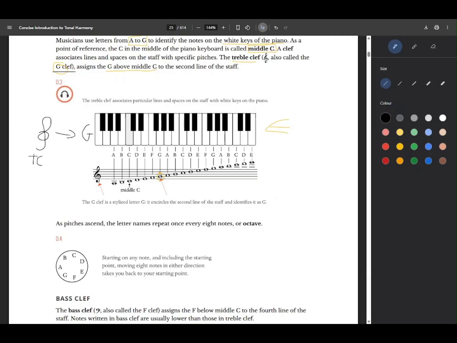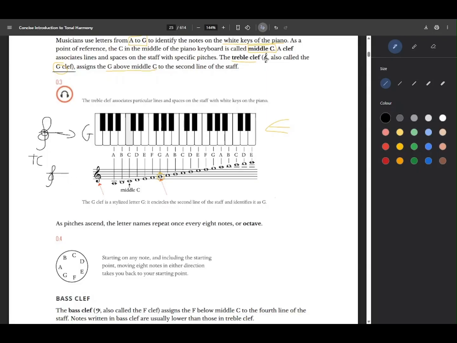Why we associate this with G above middle C is since if you look there at the line that runs through the treble clef, through this intersection point here, we have a line that, let me just draw another one here. We have our intersection point and we have a line that runs through it.